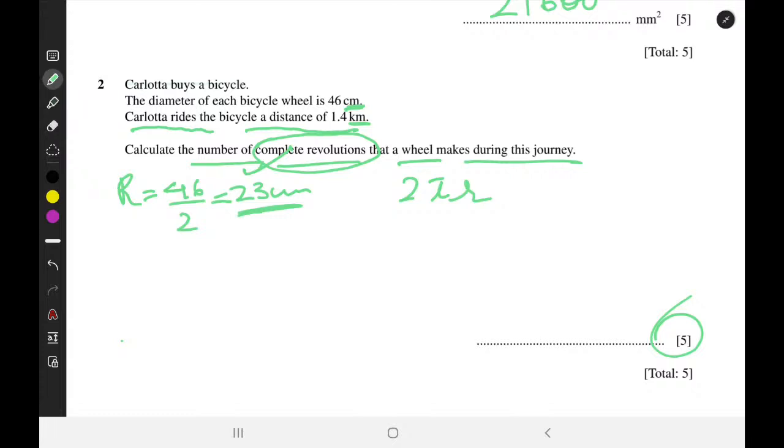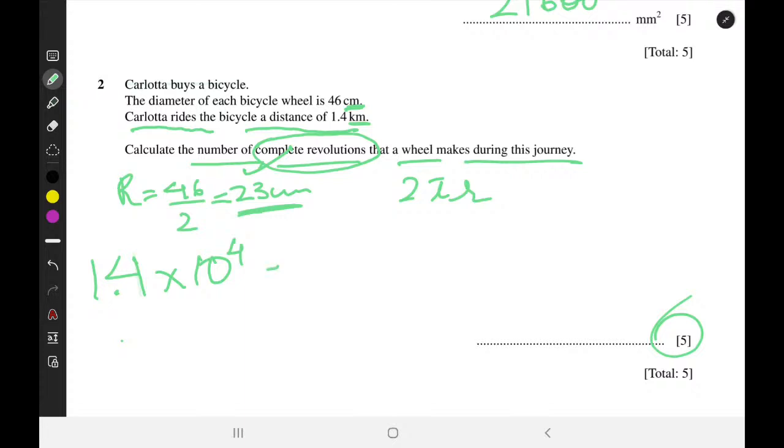Okay. Now as we have found the radius, we can even convert this. So 1.4 multiplied by 10 to the power, how much? 10,000 means 4 zeros.